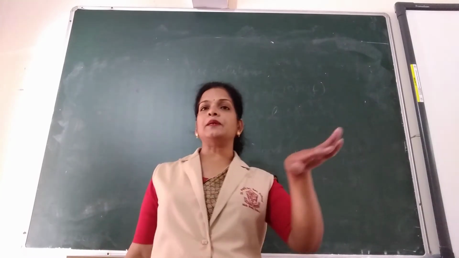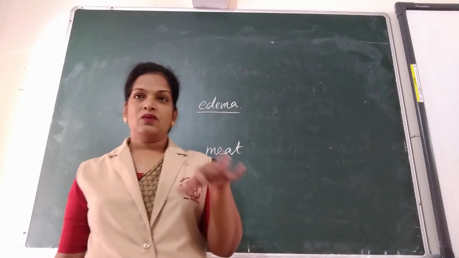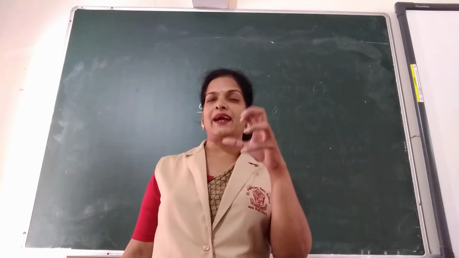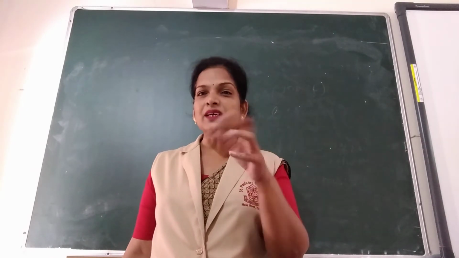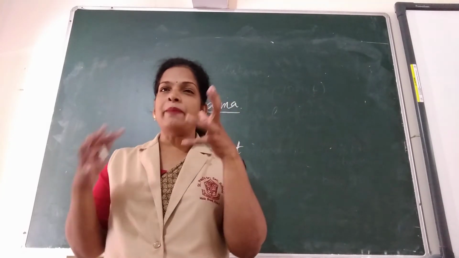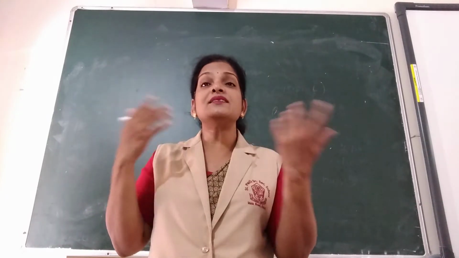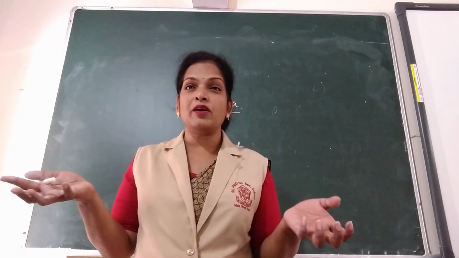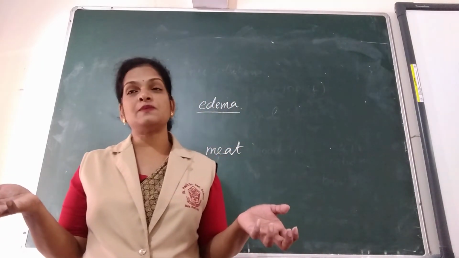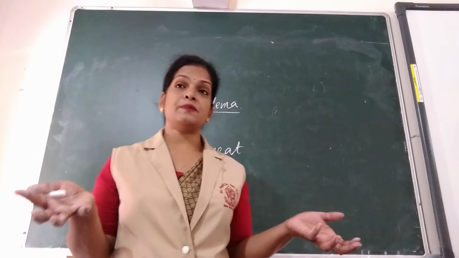So when salt is applied on the meat, water from the bacterium comes into that salt. So a bacterium loses its water, collapses and dies. So that bacterium will not be available for the spoilage of this meat.